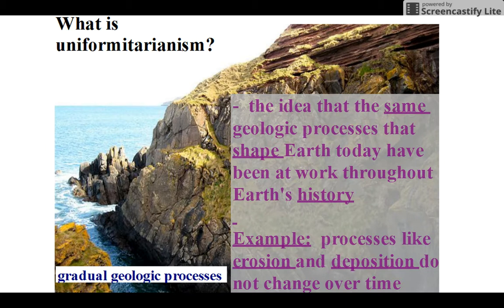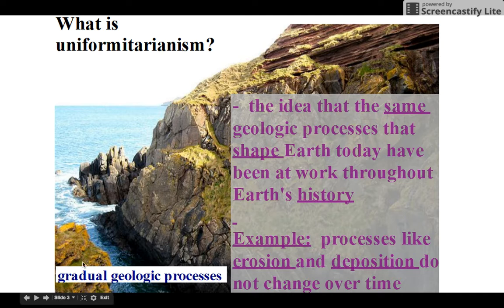The erosion and deposition still occurred. So erosion would be the sun, the wind, the rain that erodes the little particles of rock away. Deposition, just look at the root word there, deposit, and all of these particles of sand or rock are getting deposited in new locations. So these processes happen the same, and they do not change over time.